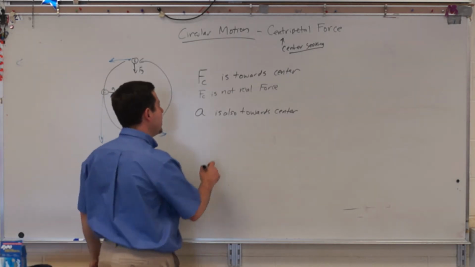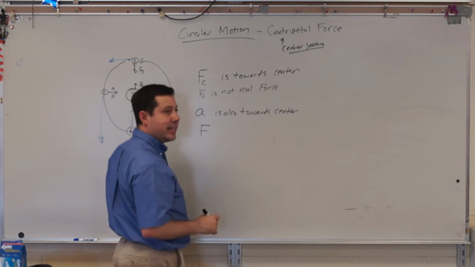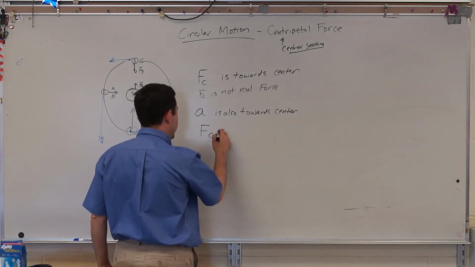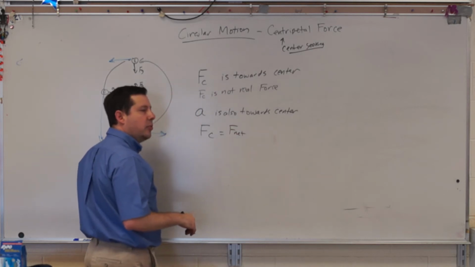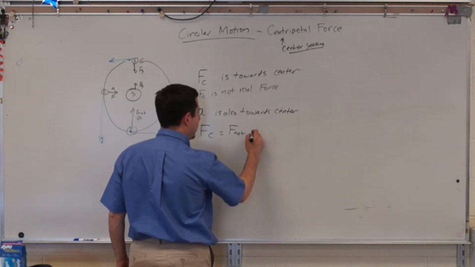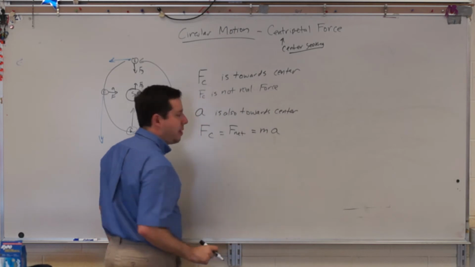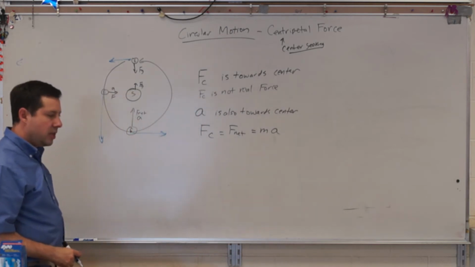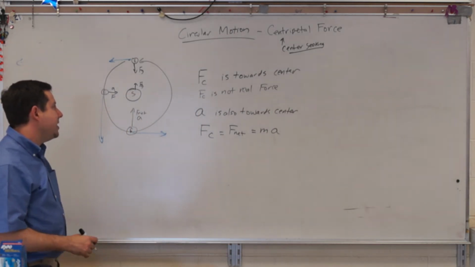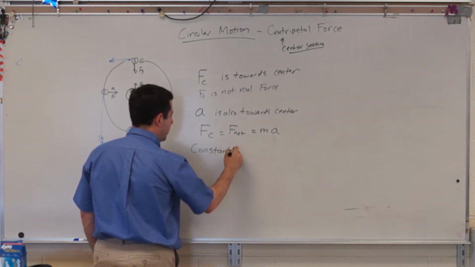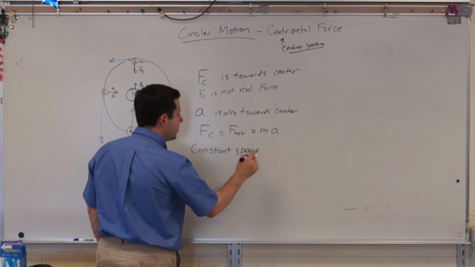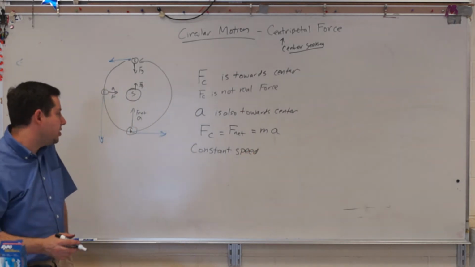So F sub c is not only not a real force, just like F net is not a real force, F sub c is equal to your net force, neither of which are real, both of which are created by gravity. And because it is, it's equal to mass times the acceleration. So you ask yourself, hey, this thing could be moving at a constant speed, right? So why does it have a force or an acceleration at all?